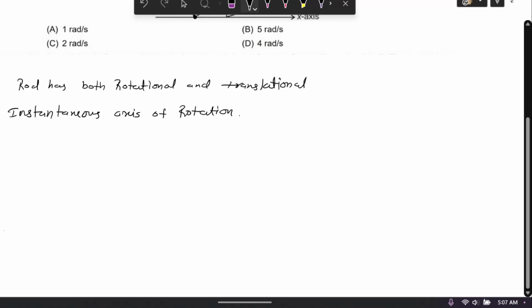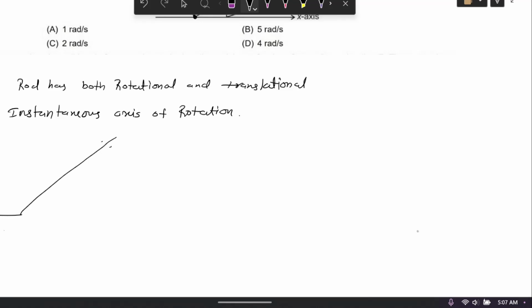So how do we find the instantaneous axis of rotation? Let's find out. If this is the rod, the velocity of point P is Vp equal to 34 meters per second. And similarly, if this is the curve, the velocity will be in the direction of the tangent.